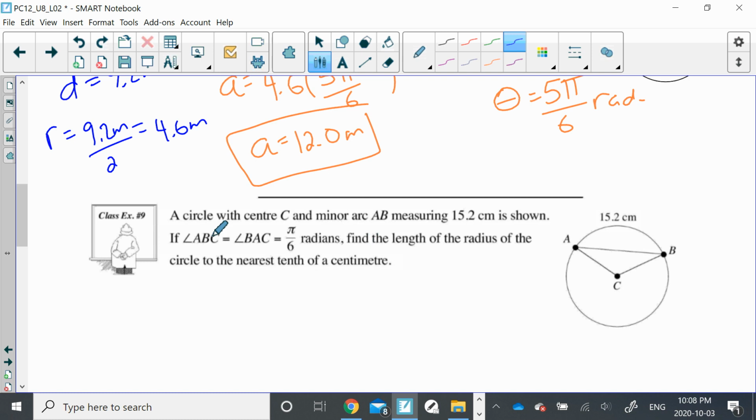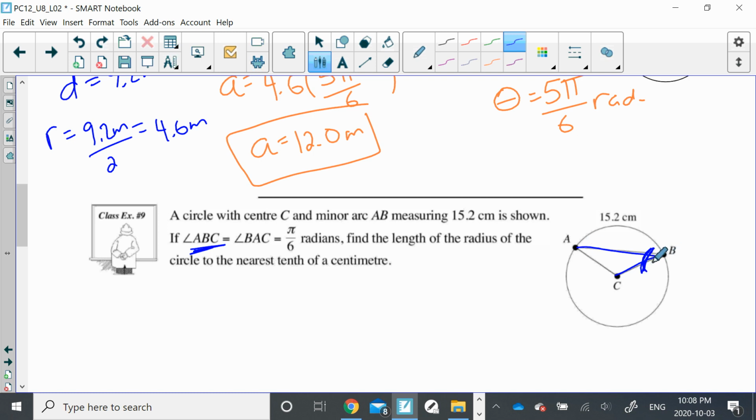Angle ABC is equal to angle BAC, which is pi over 6 radians. So first thing I want to do is see which angle they are talking about. What's angle ABC? To figure that out, I'm going to trace from A to B to C, and this angle here is what they're saying.